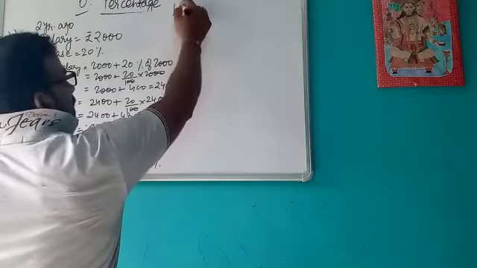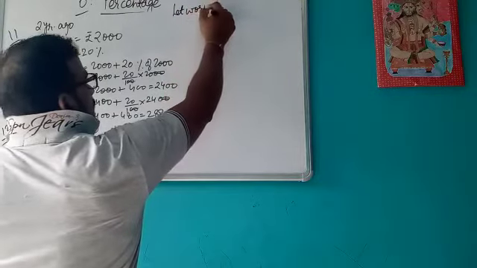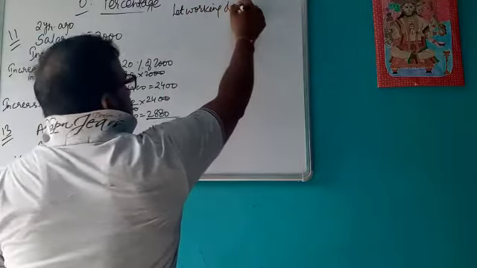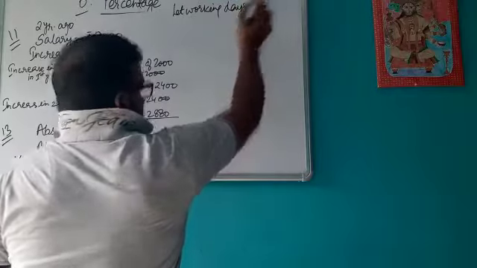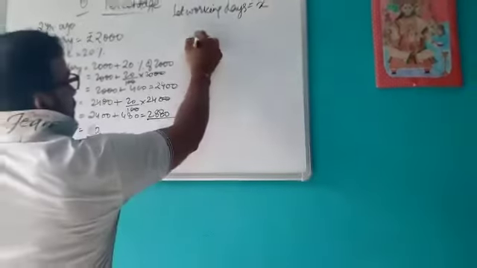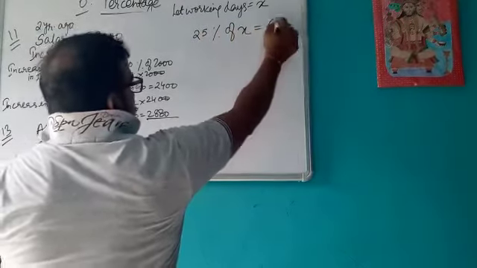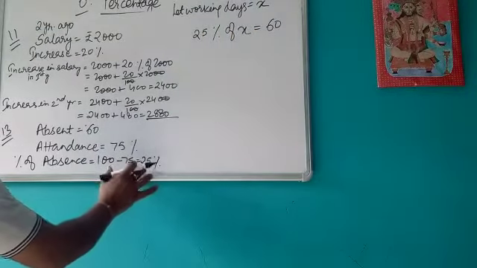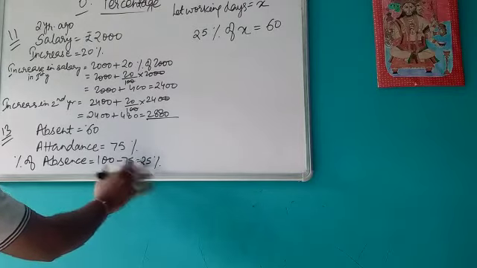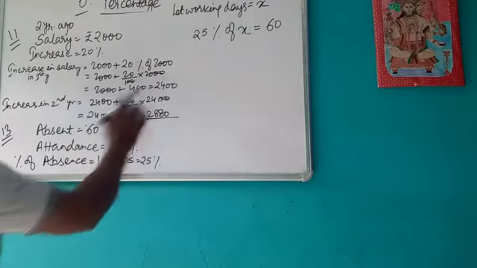Now let working days equal x. So what will be our equation? 25% of x equals 60. Okay, 25% she was absent and actually she was absent for 60 days.